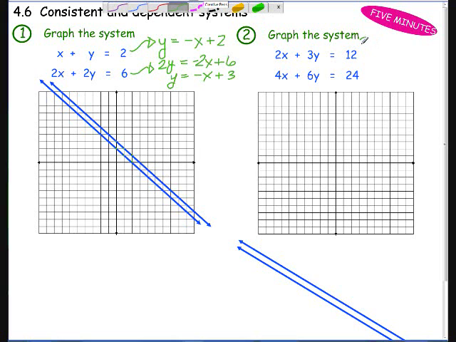Again, let's convert it into slope-intercept. Now, of course, it's not necessary to do that. You could do this with the y-intercept, x-intercept method, which would be very good. Divide everything through by 3. And we have a slope of -2/3.